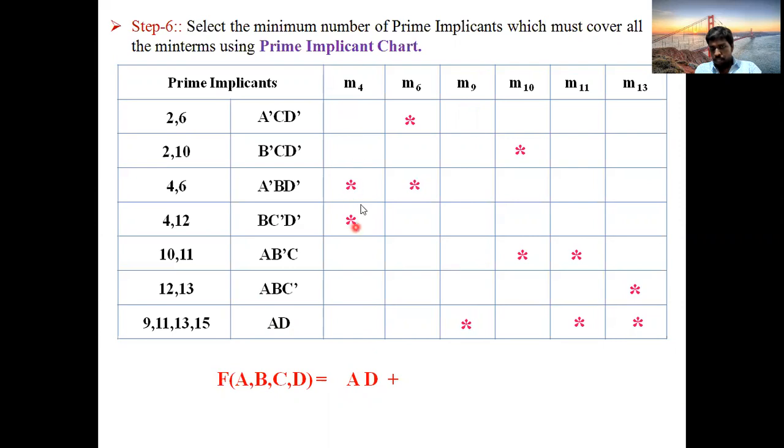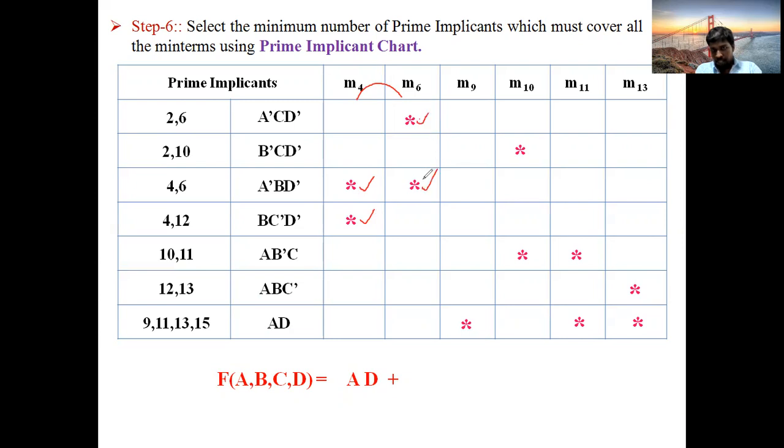M4 is a 2 star column. What is 2 star? Either you can take this term as your answer or you can take this term. You should not take both. Okay, so wait for a while. Now you observe M6 also. M6. Either you can take this term as your answer or you can take this term as your answer.